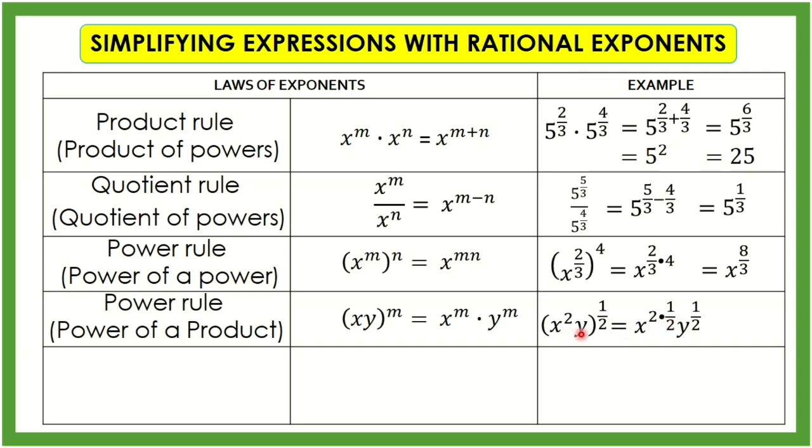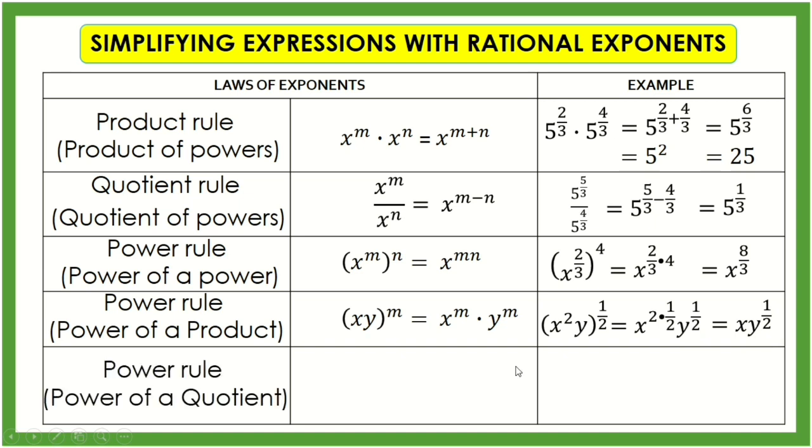And then, we have y. Ang exponent ni y is 1. So, 1 times 1/2 is 1/2. And then, we simplify. 2 times 1/2 is equal to 2 over 2 or simply 1. So, we have x and then y raised to 1/2. This is now our answer.